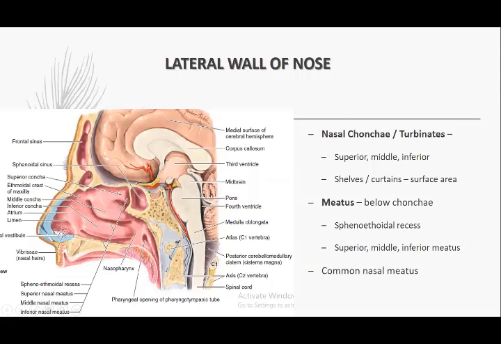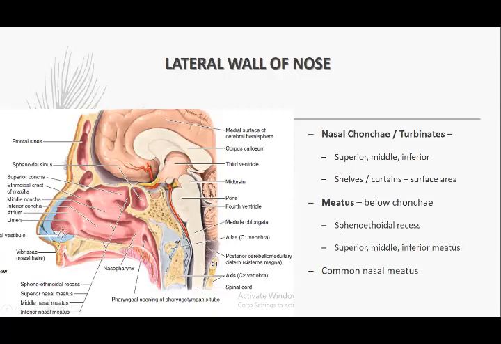They are bones that project out from the lateral wall. Like the example I gave you, you have shelves, one shelf, second shelf, third shelf. In the same way you have shelves in the lateral wall of the nose.